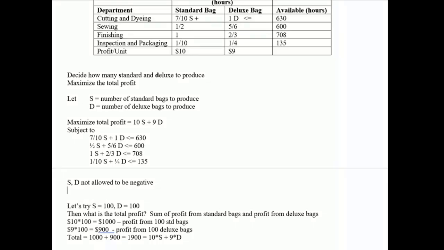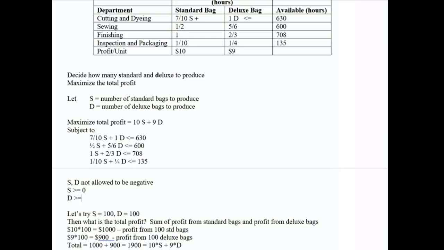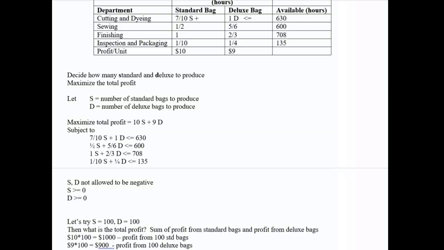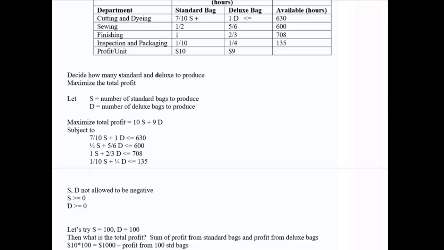That would be like saying S is greater than or equal to 0, and D is greater than or equal to 0. The customary thing is to put these in one line, S, comma, D greater than or equal to 0. This means both have to be greater than or equal to 0: S greater than or equal to 0 and D greater than or equal to 0.